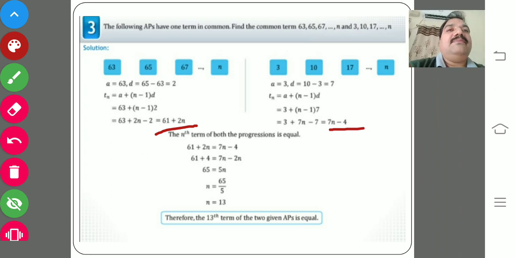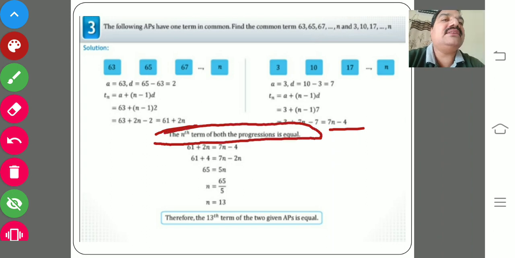In the problem it is given that the two APs have one term in common. The clue is that the nth term of both progressions is equal. This is the only logic.